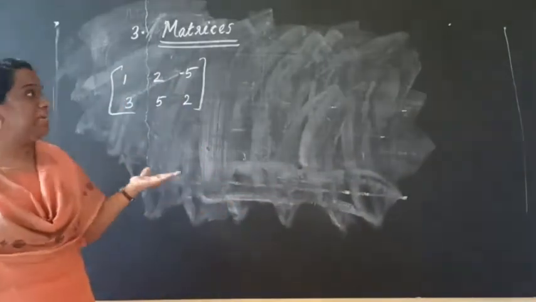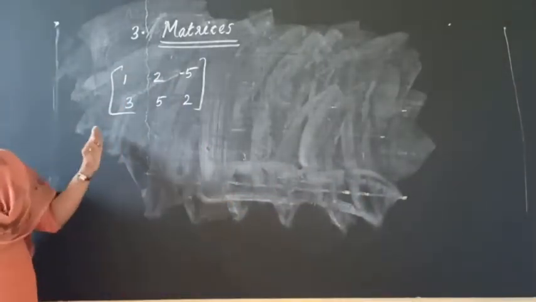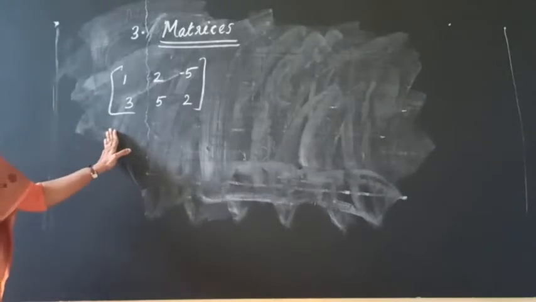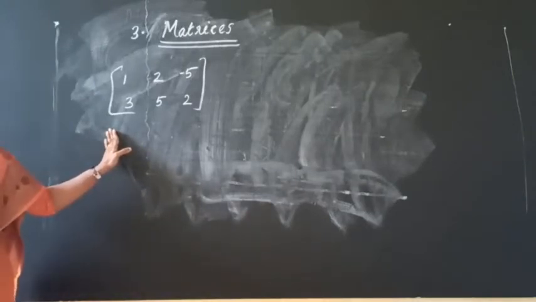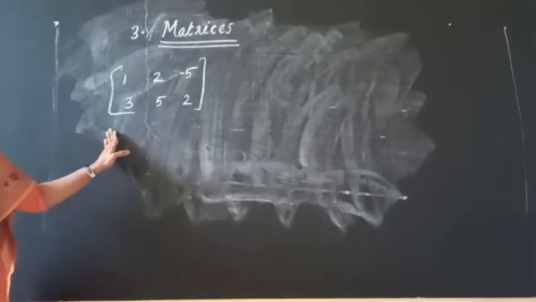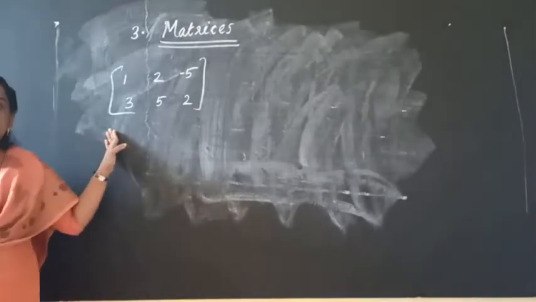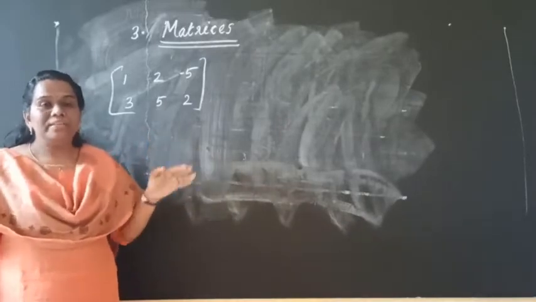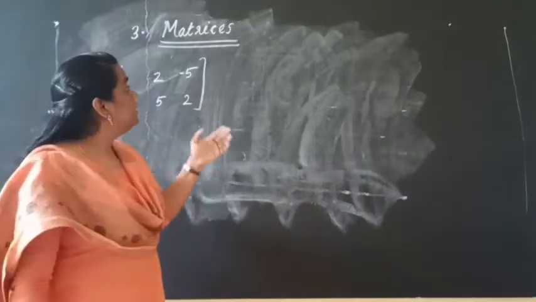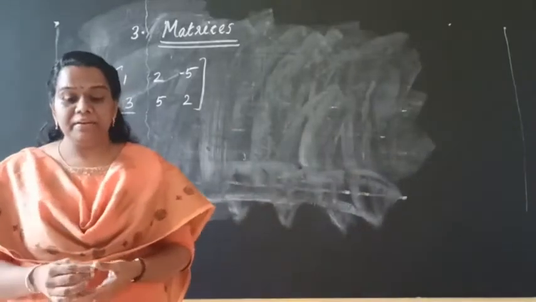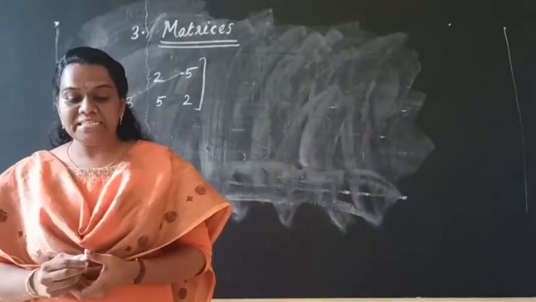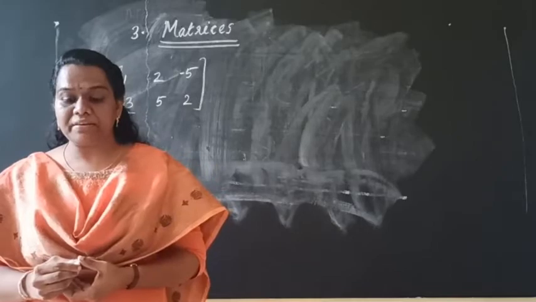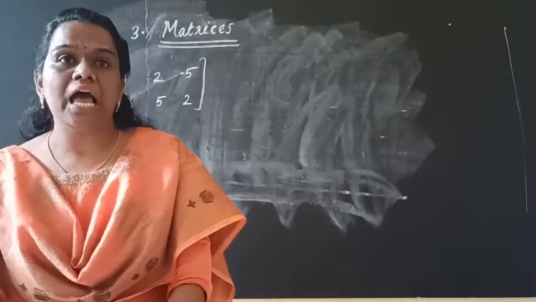What is a matrix? The definition is that it is a rectangular array of numbers. It's an arrangement. The numbers can be either real or complex. You can write the heading Matrices. The definition is: a matrix is an ordered rectangular array. Array means arrangement.